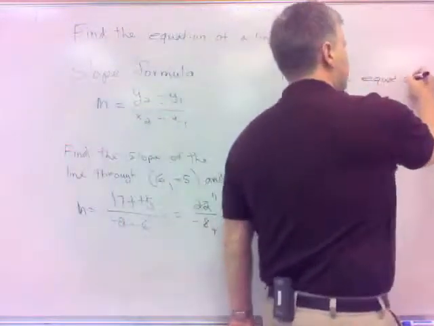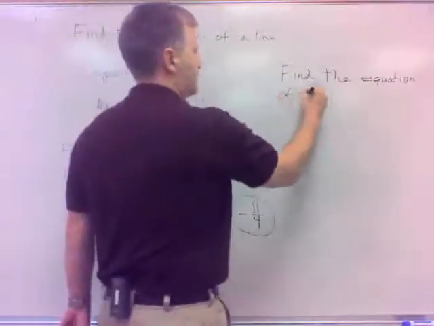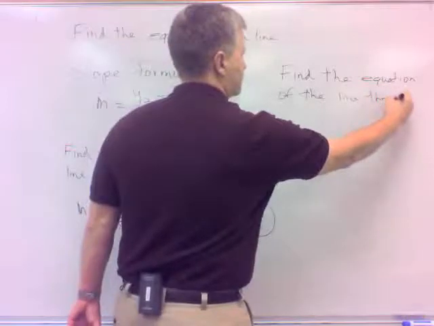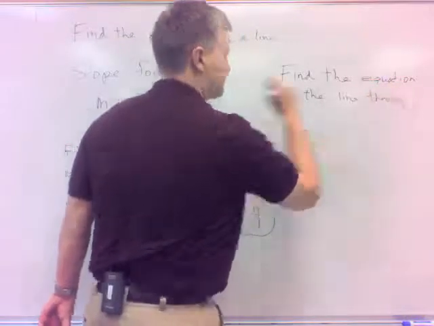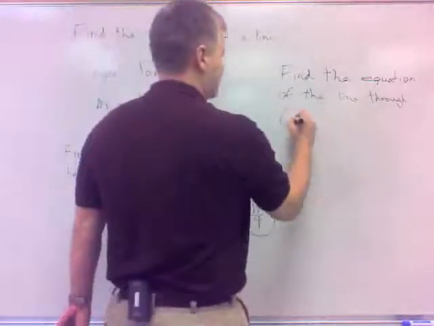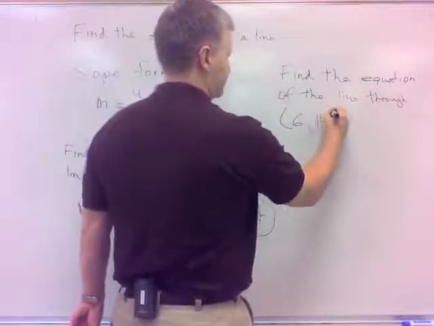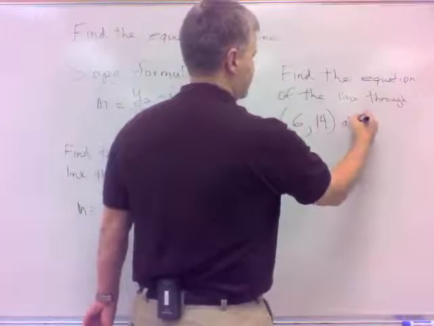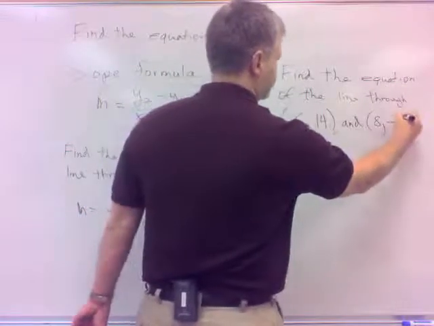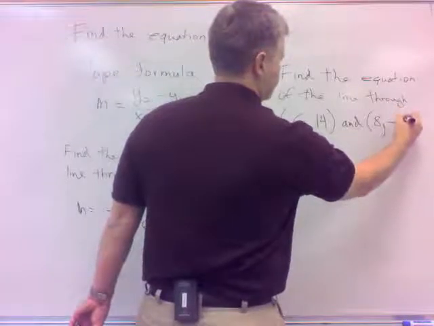So I want to find the equation of the line that goes through, how about, (6, 14) and (8, negative 4).